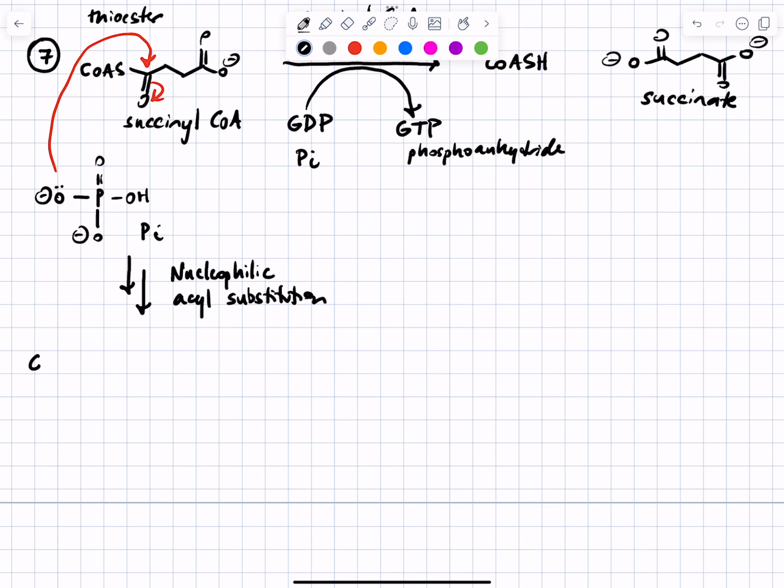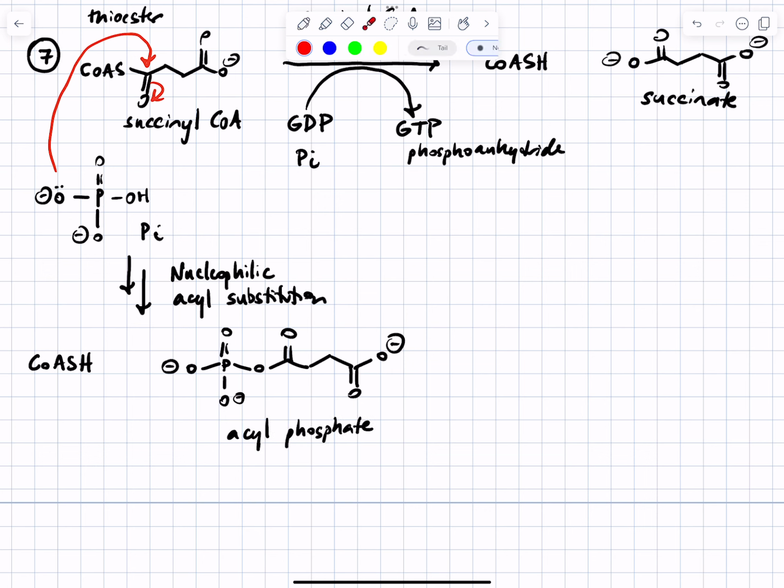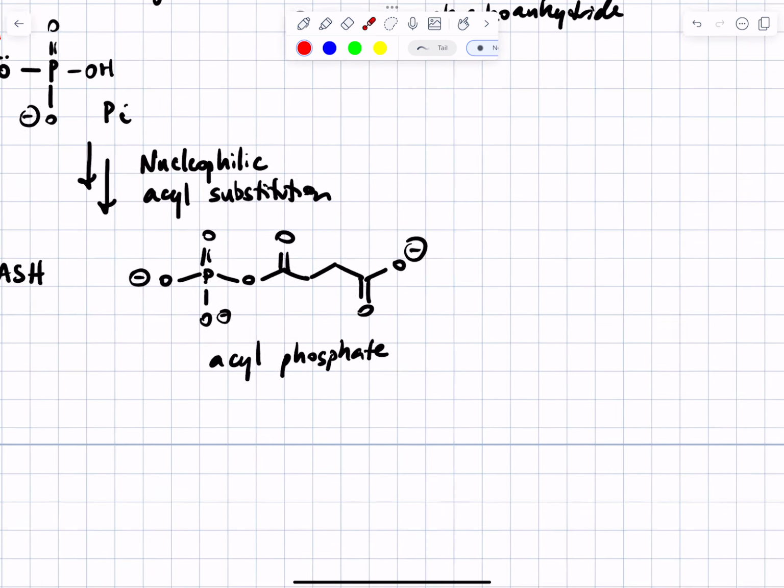As a result, coenzyme A leaves, and we end up with this acyl phosphate intermediate. And you have seen acyl phosphates before. They look like a carbon anhydride on the carbon side and a phosphoanhydride on the phosphorus side.